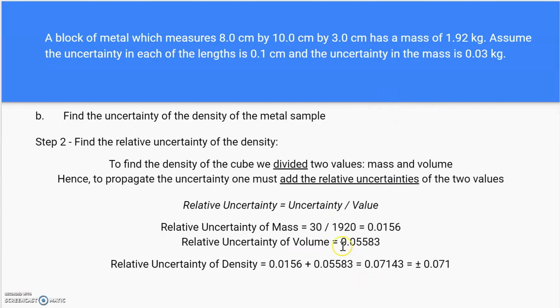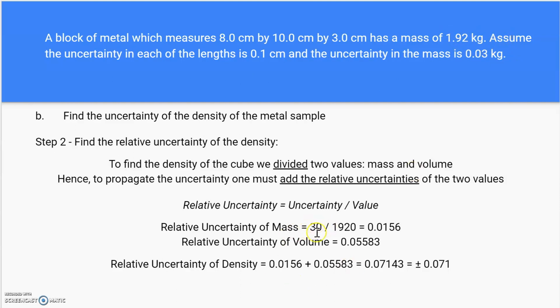So before going ahead and calculating for that, we multiply that uncertainty 0.03 kilograms times 1,000, and we get 30 grams. And we multiply that 1.92 kilograms times 1,000, and we get 1,920 grams.